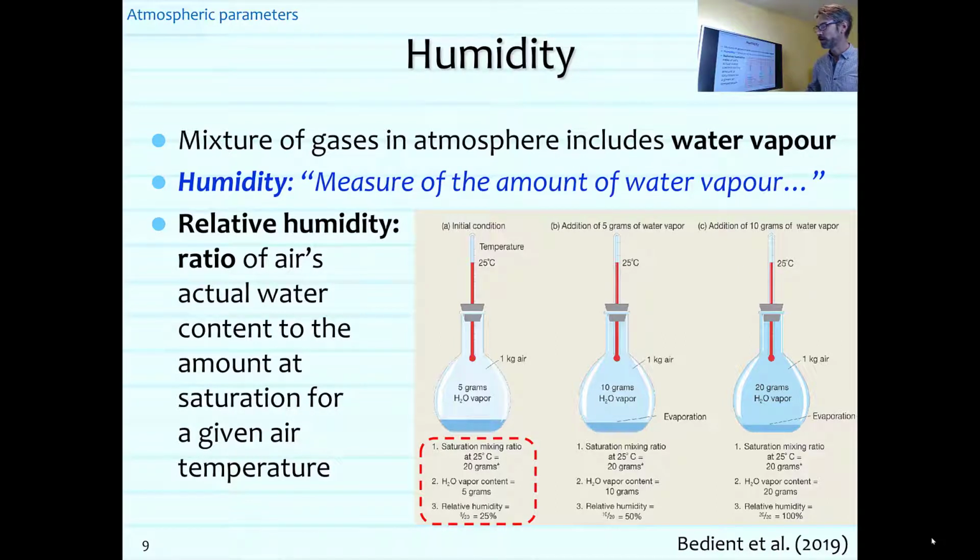Currently we have 5 grams, and so that means we're at 25% of the limit. And then as the amount of water vapor in the air increases towards saturation, we can get as much as 20 grams. And so when we have reached 20 grams in this air here, we have a relative humidity of 100%.